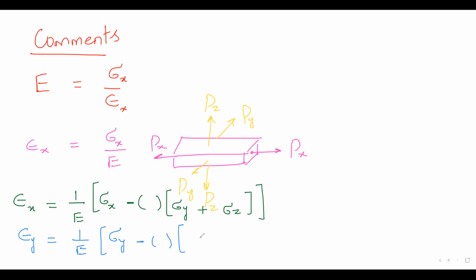All of you will decide today and will tell me. That's such a nice answer. You are 100% correct. Fantastic. Poisson's ratio. And this is stress x plus fill in the blank, stress z, bracket close, and epsilon z equal to 1 over E.